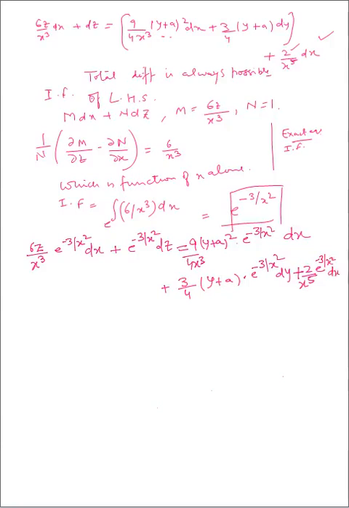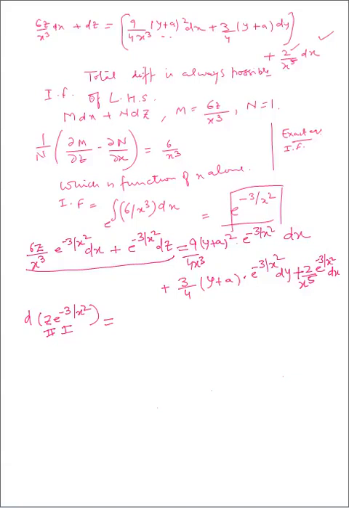See, left hand side is differentiation of z e to the power minus 3 upon x square. So if we take this as first function, this as second function, we can see we get this expression. Product of two functions is equal to, we simplify it in a form so it can be the differentiation of the function.